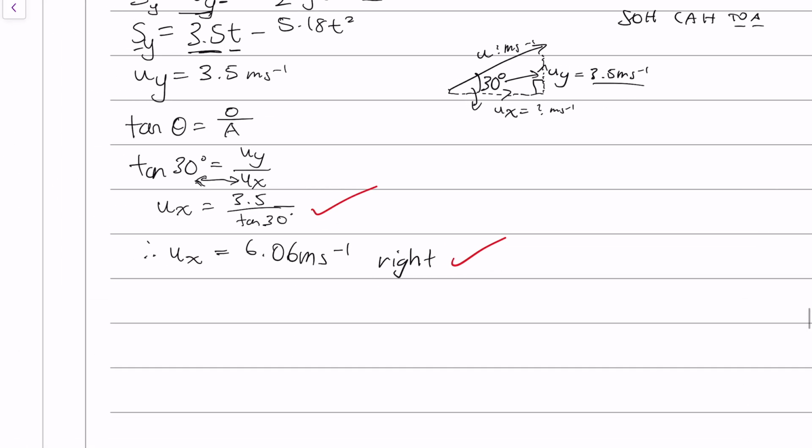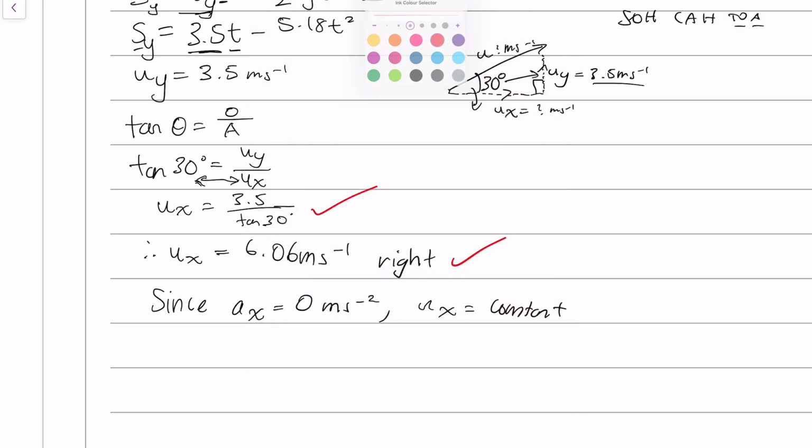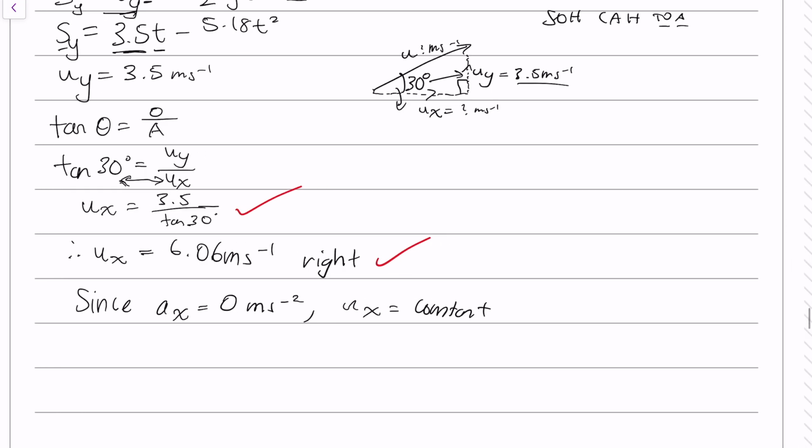And we know that the horizontal acceleration is equal to 0 meters per second squared, and ux is going to be constant. Okay, so that's an interesting mark, but they actually gave a mark for recognizing that horizontal acceleration is 0.